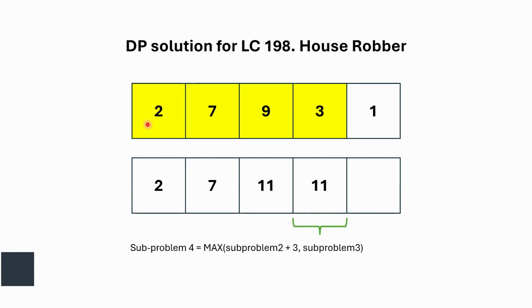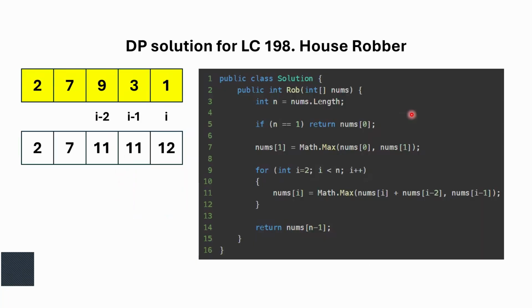We can just overwrite the existing values in the original array, because at each iteration we only look back at the values computed for the previous subproblems, and we don't look back at the actual values in the original array. That's why we can overwrite those values with the computed subproblem values.